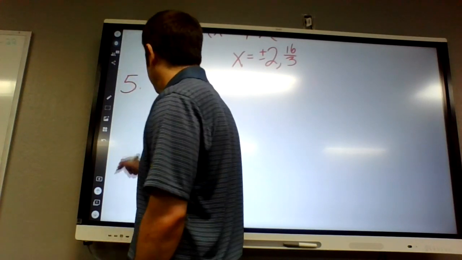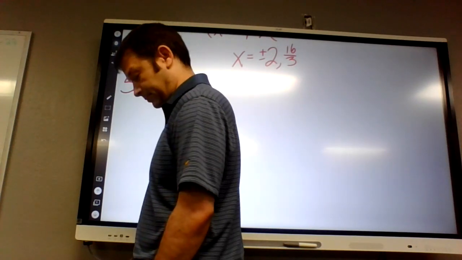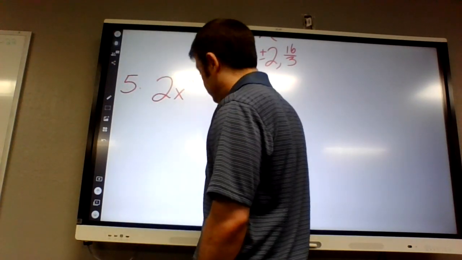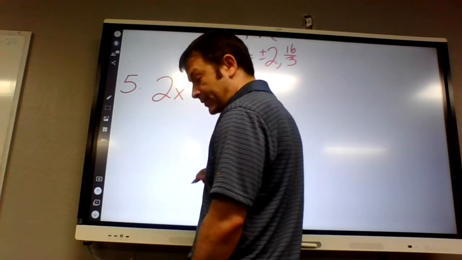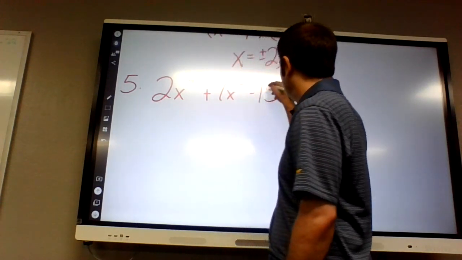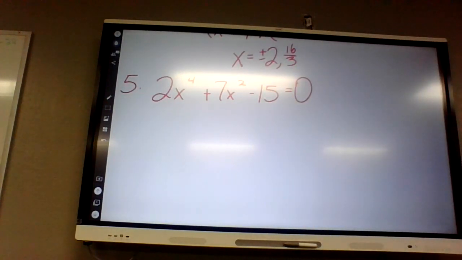Alright, what should I do first on number 5, do you guys think? Yeah, move the right side to the left side, so it's equal to 0. So when we factor it, everything lines up.